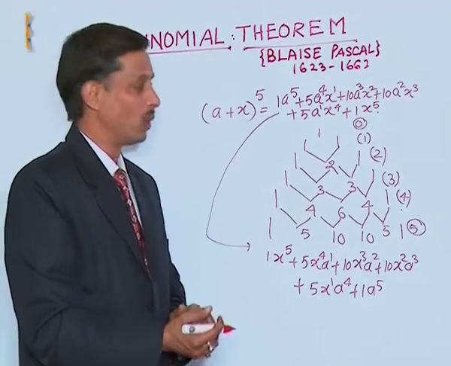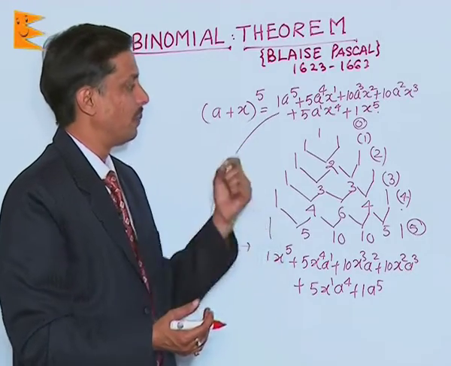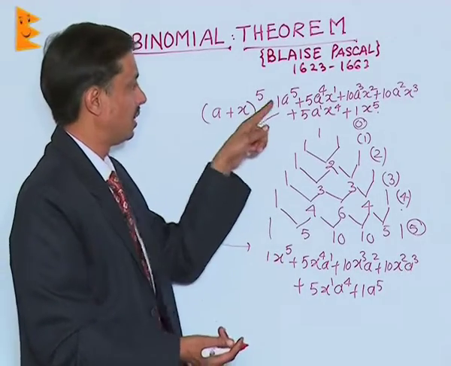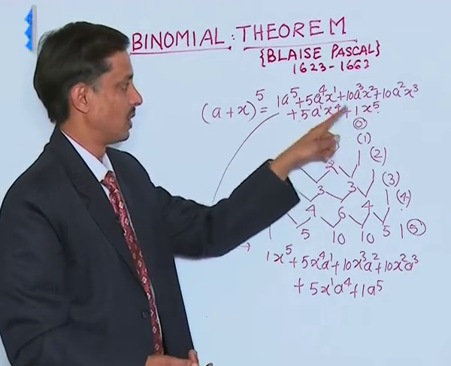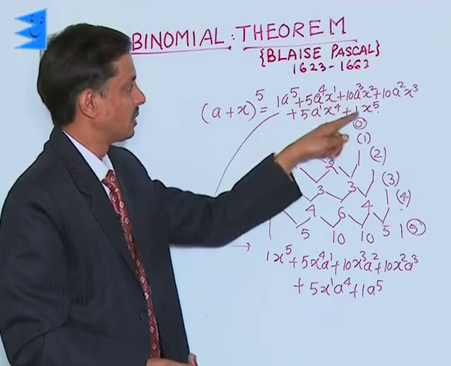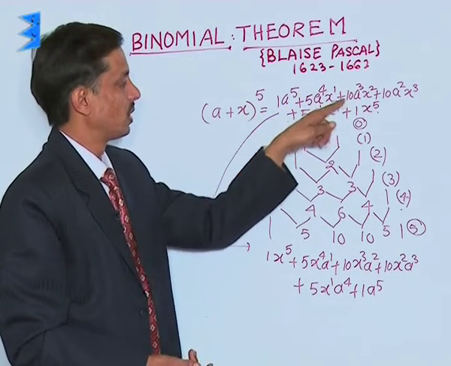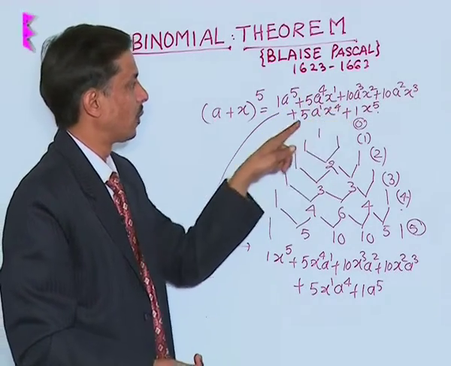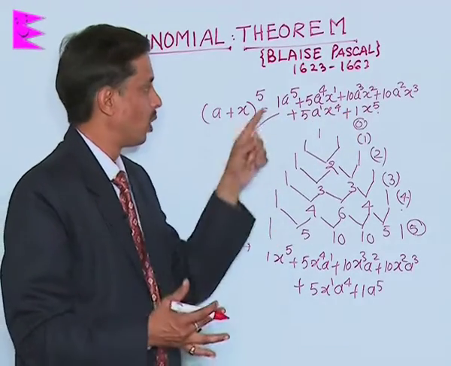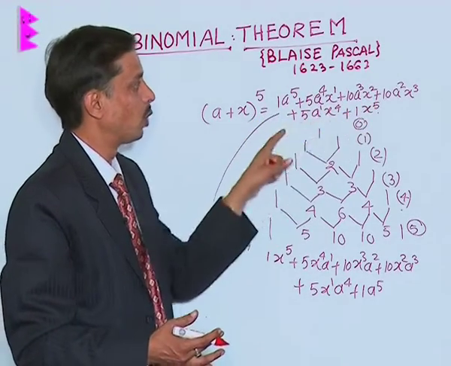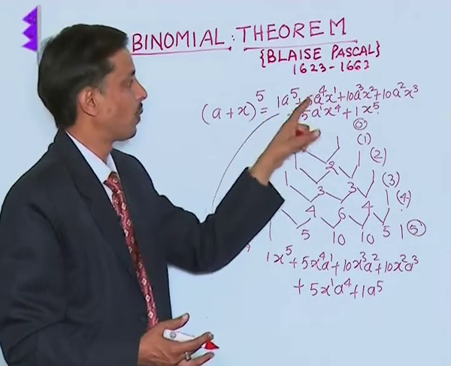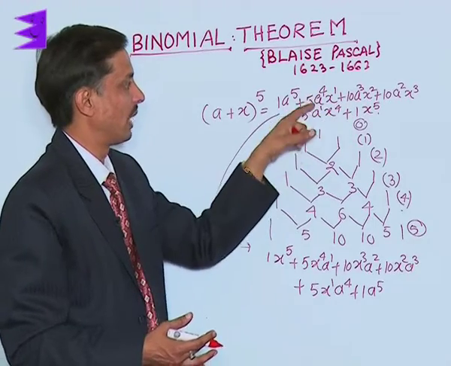One more thing to be noticed is that the coefficients from beginning and end are always same. Here first is 1, last is 1. Second is 5, second last is 5. Third from beginning is 10, third from end is also 10. Fourth from beginning is 10, fourth from end is 10. Fifth from beginning is 5, fifth from end is 5.